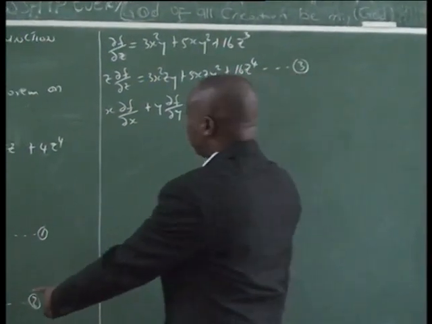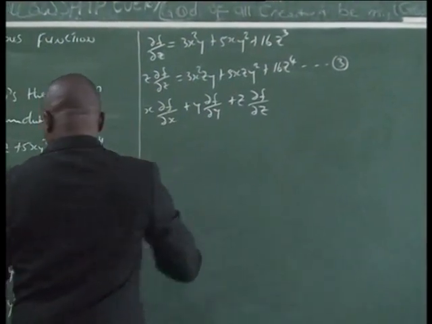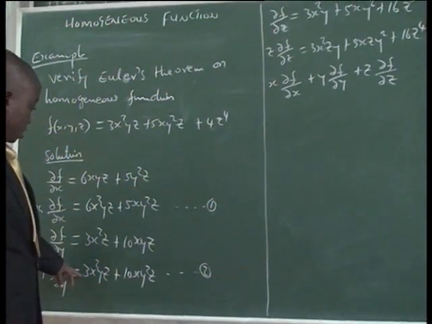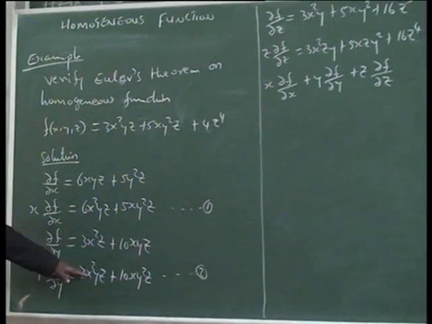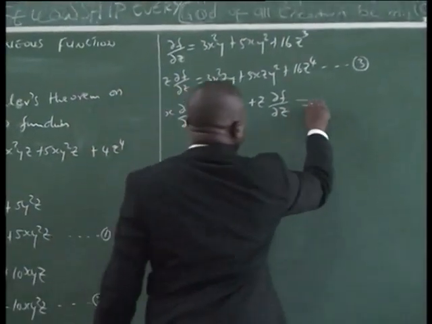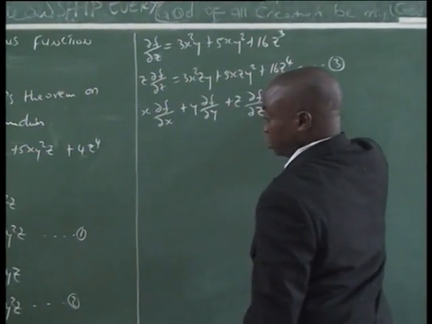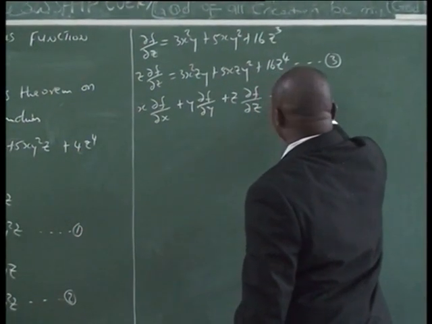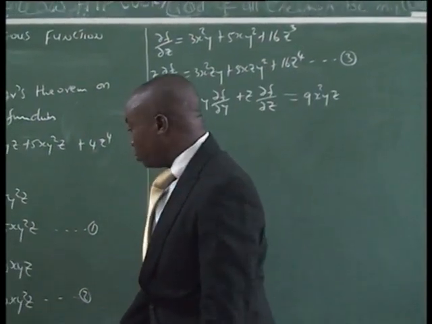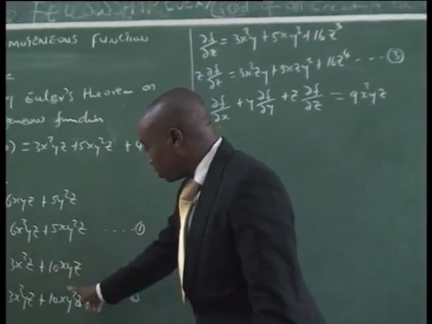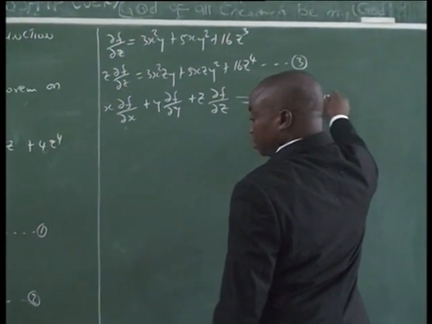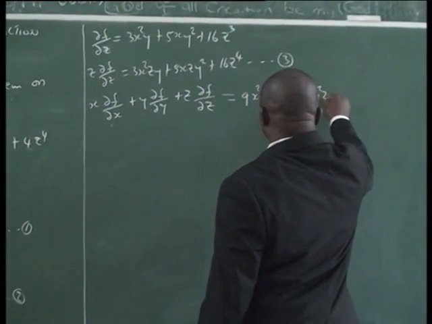So if you add that, we'll have, look at this term, this plus this will give us 9x squared yz. That's for this. Then if we go for this and this, we'll have plus 15xy squared z.